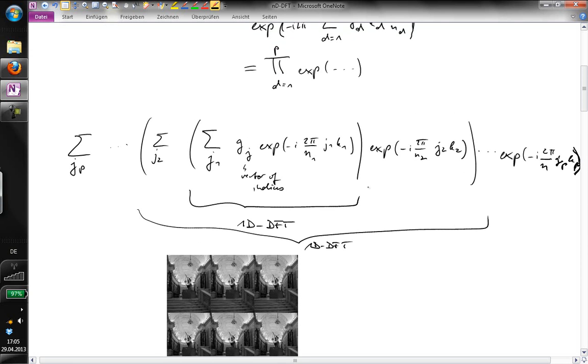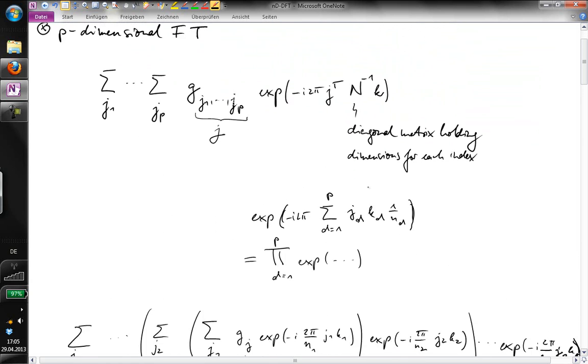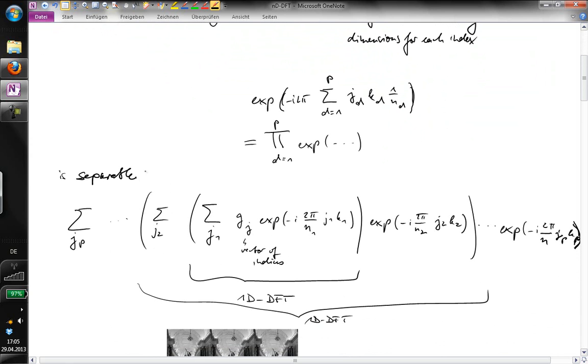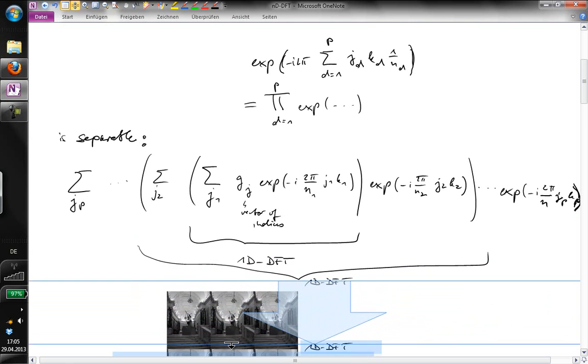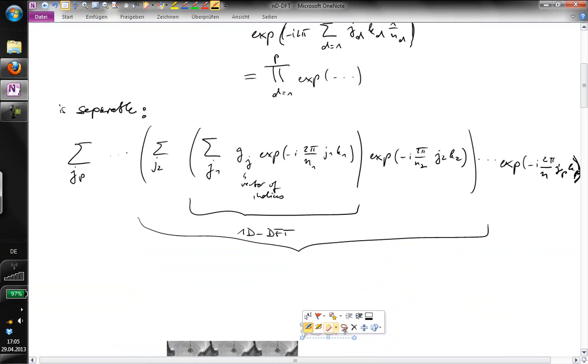And this property is called separability. So the p-dimensional Fourier transform is separable. And that is a very favorable property because it means our cost is not going to explode with dimensions. It's simply the number of dimensions times the cost of a normal discrete Fourier transform.